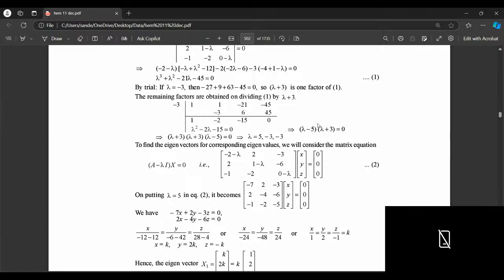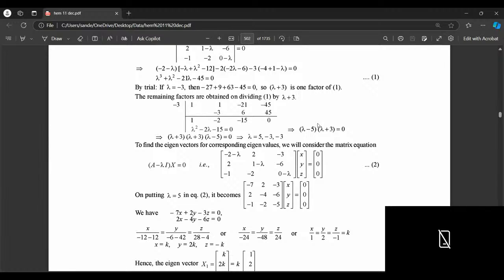So for the first eigenvector, here you will get one system of equations: minus 2 minus lambda, 2, minus 3, 2, 1 minus lambda, minus 6, minus 1, minus 2, minus lambda.